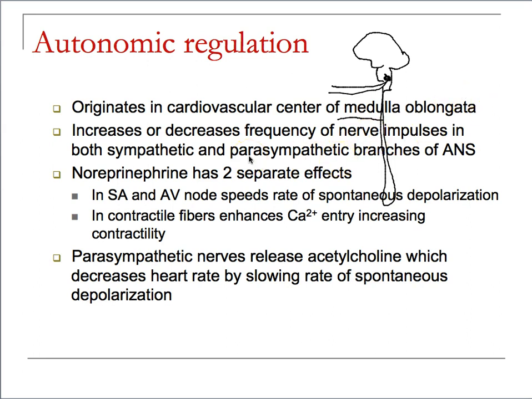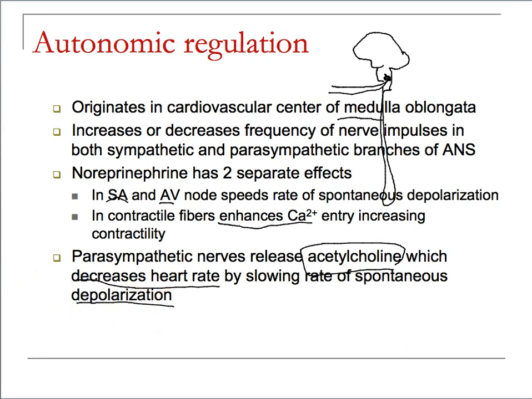We've already gone through the idea is that both SA now and AV nodes, okay, can have their rate of spontaneous depolarization affected. Okay, and by changing that, you can enhance or decrease the effect of calcium entering that. Parasympathetic nervous system will release that acetylcholine. We've seen this before. It's going to decrease the heart rate by slowing the rate of spontaneous depolarizations.